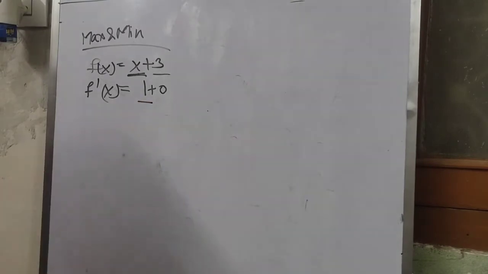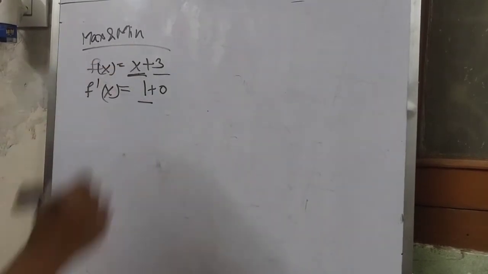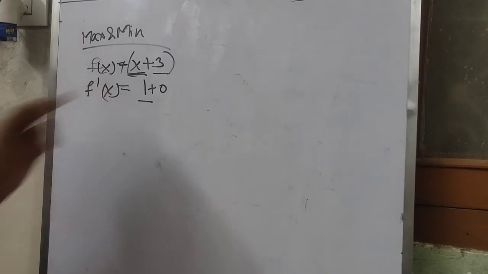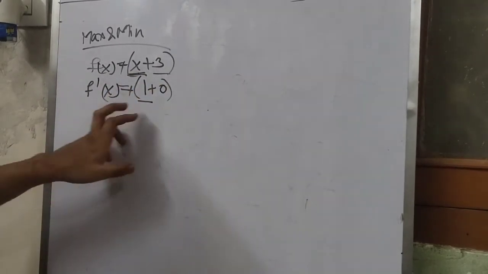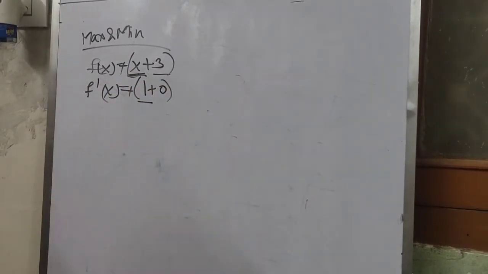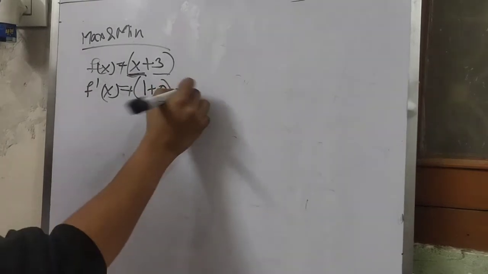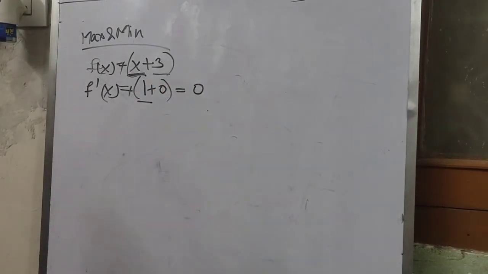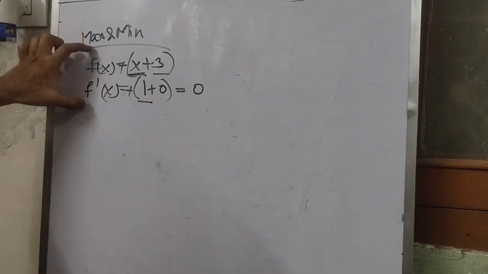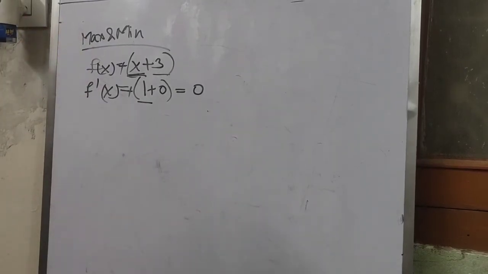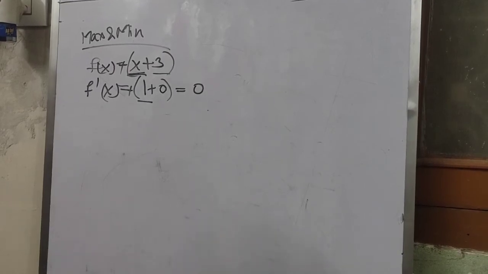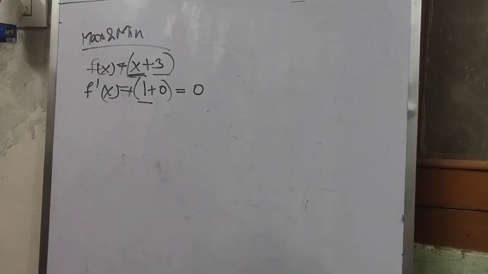So now you see that your function was positive initially, and now again you are receiving a positive value, and now you will keep it equal to 0. So you are getting no change in sign, right? Your sign is not changing, so you will say that it is a point of inflection.